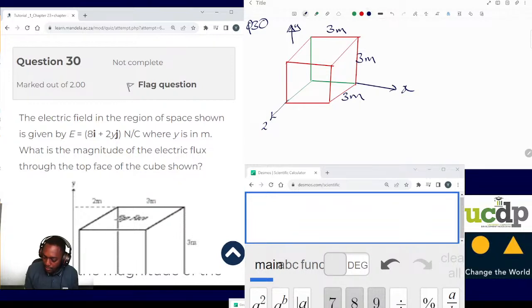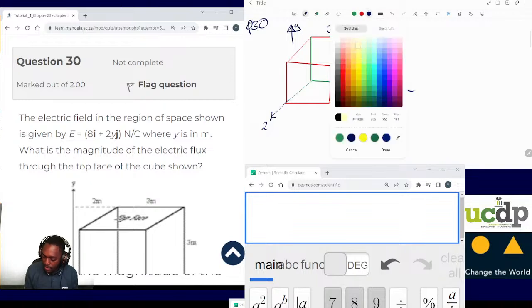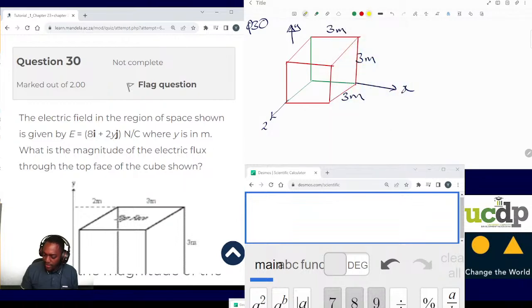So the question is interested in us finding the flux through the top face of the cube. That is what the question is asking for.